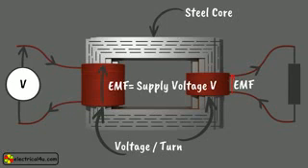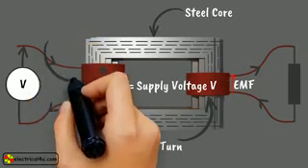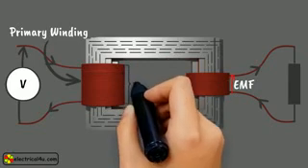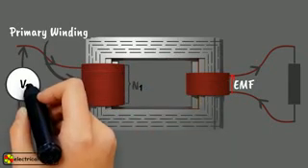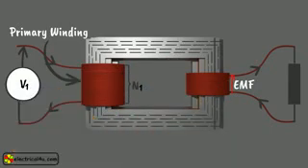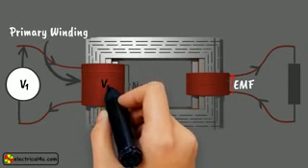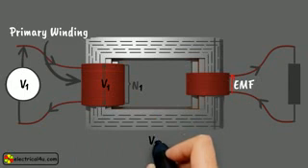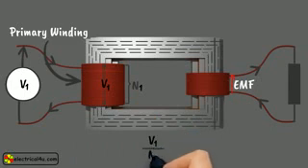As this first winding is connected with supply, it is referred to as primary winding. Now, if this primary winding has N1 number of turns and supply voltage or induced voltage across primary winding is V1, then voltage per turn in the primary winding is V1 by N1.